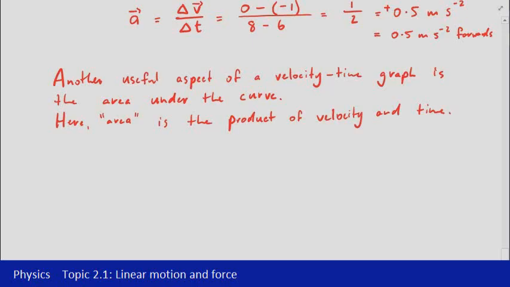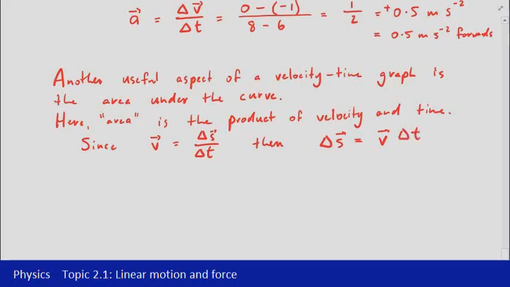If we go back a step and have a look at the definition of velocity, we looked at the fact that velocity was equal to the change in displacement over time. If we rearrange that, we could then say that the change in displacement, sorry, there should be change in time there, change in displacement is equal to the velocity multiplied by the time.